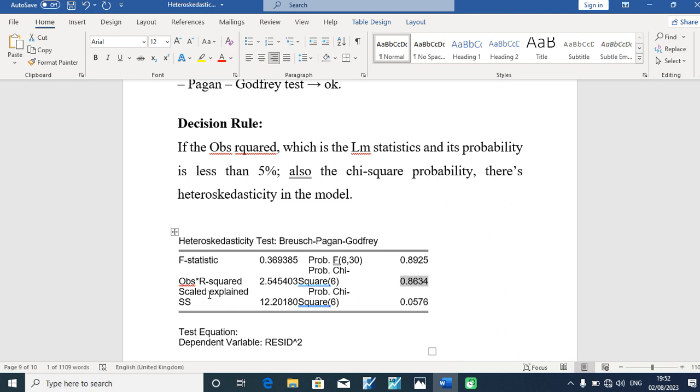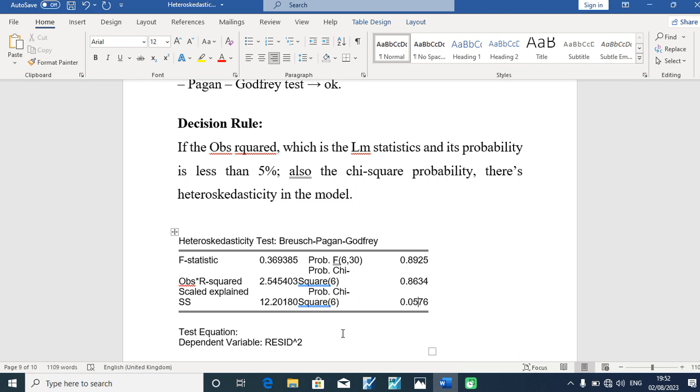The scaled explained SS is also smaller. The p-value is 5%. Although this result is very close to 5%, 0.057 approximately is 6%. So we can now relatively say that the problem of heteroskedasticity has been resolved using the functional form. So this is one way to resolve the problem relating to heteroskedasticity.